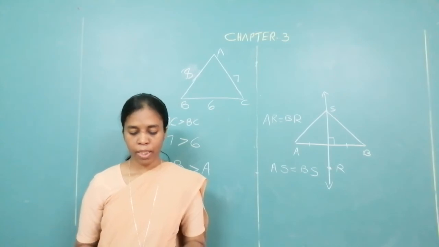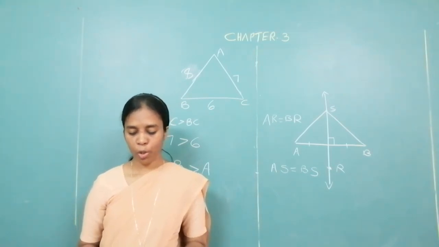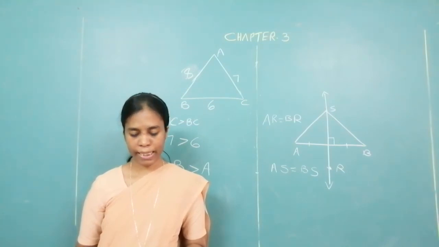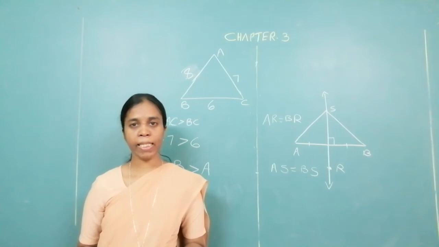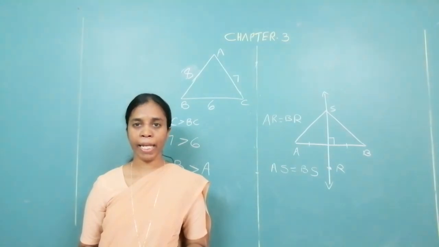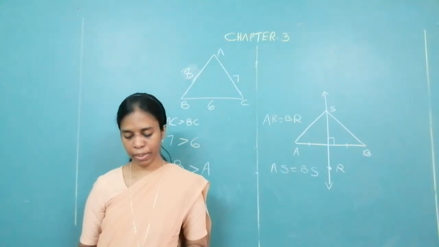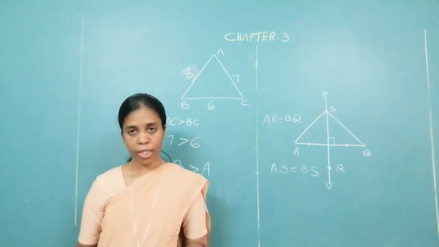Next. The tests to prove congruency of triangles are SAS test, ASA test, SSS test, SAA test, hypotenuse side test. Next point.